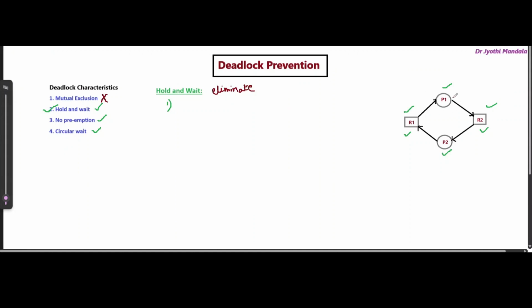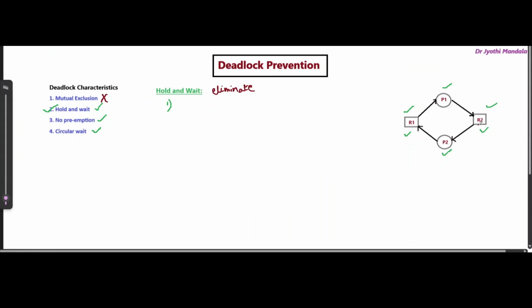That means in this scenario, P1 is requesting for resource R2. It can request for another resource if it is not holding any other resource. In this scenario, P1 is holding R1, so it cannot request for another resource.